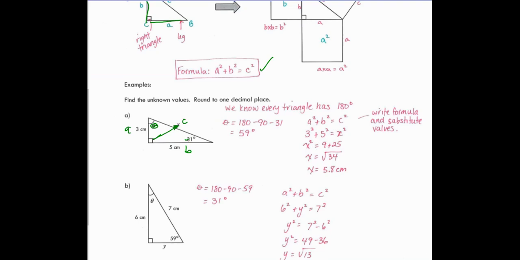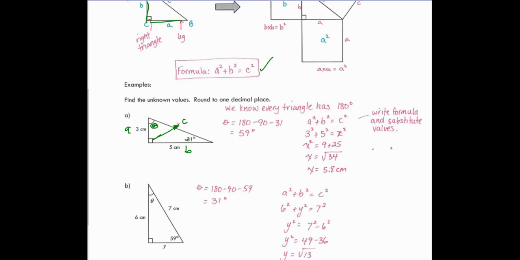You could keep it as C, but in this case, when we substitute 3, 5, then we should put the X in because that's what it said it was. So, very important, notice that they have squared 3 to make 9, and they squared 5 to make 25. Then, only then do they add it up.